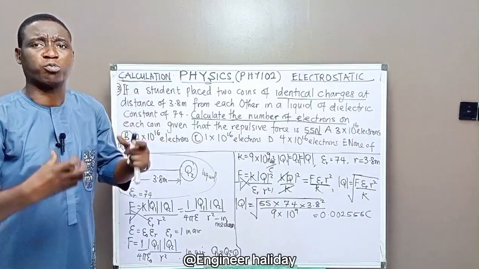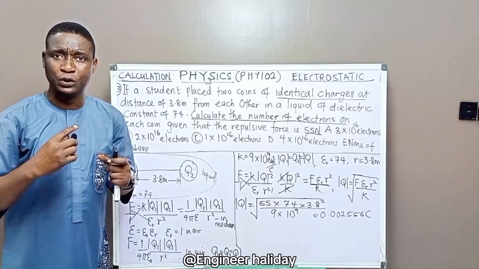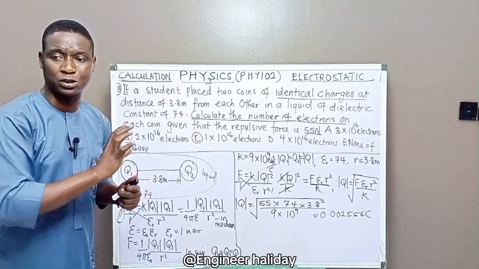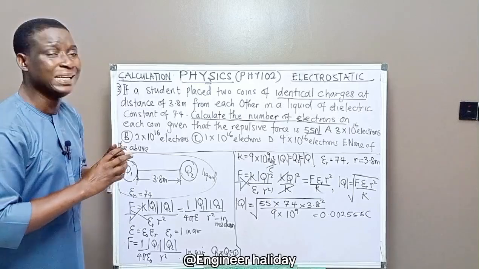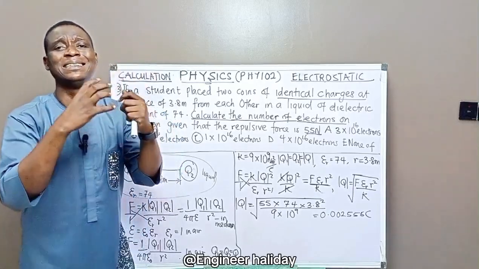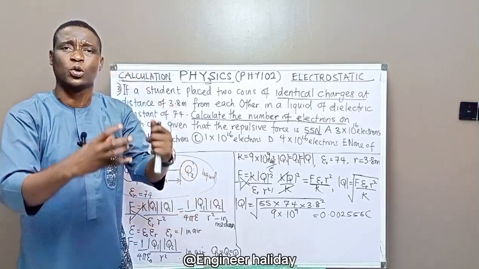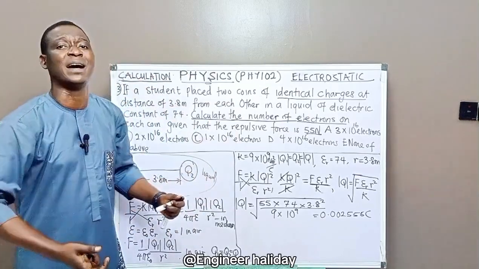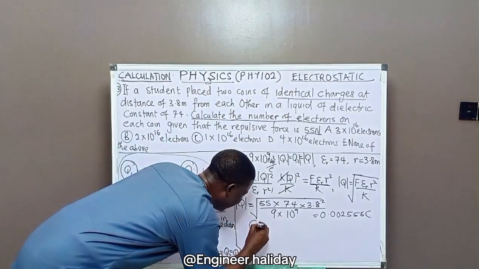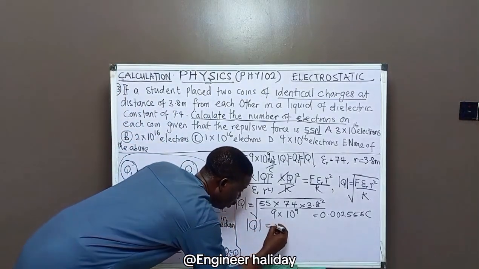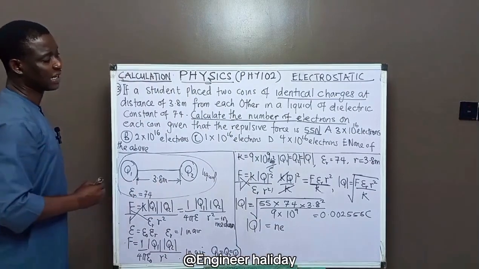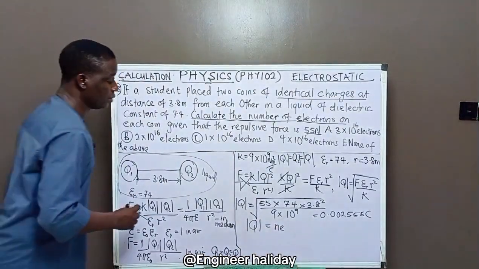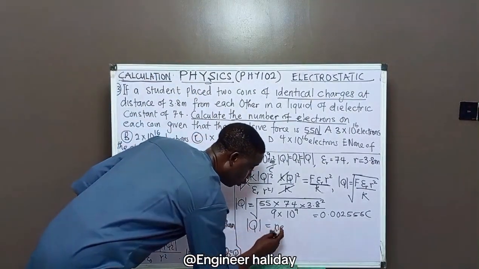According to the principle of quantization, go and watch the first video where I explained the theoretical aspect of this topic. It says the charge isolated is equal to an integral multiple of an electron charge. So that is to say, the absolute value of Q is equal to NE.